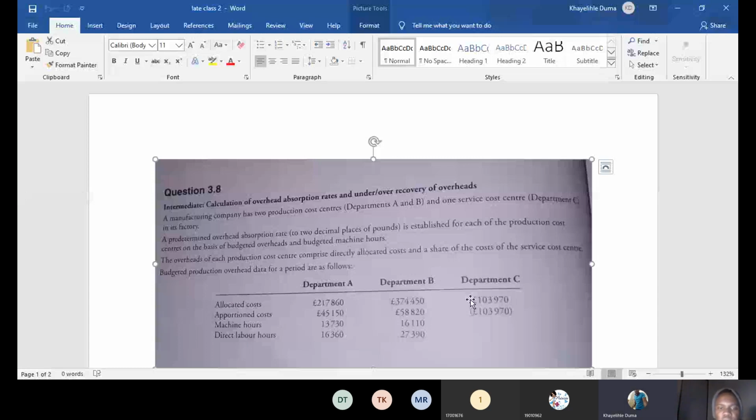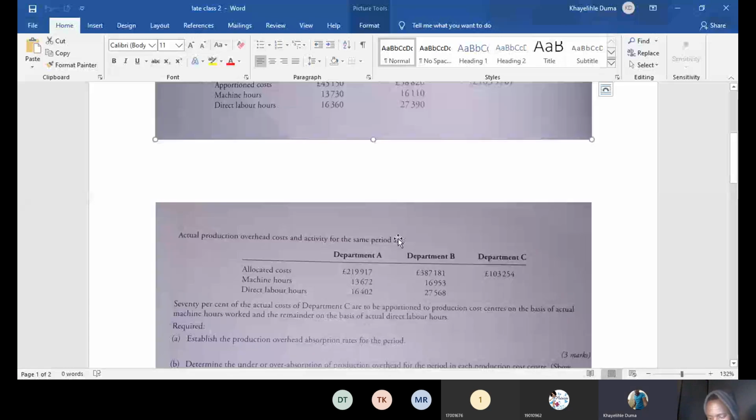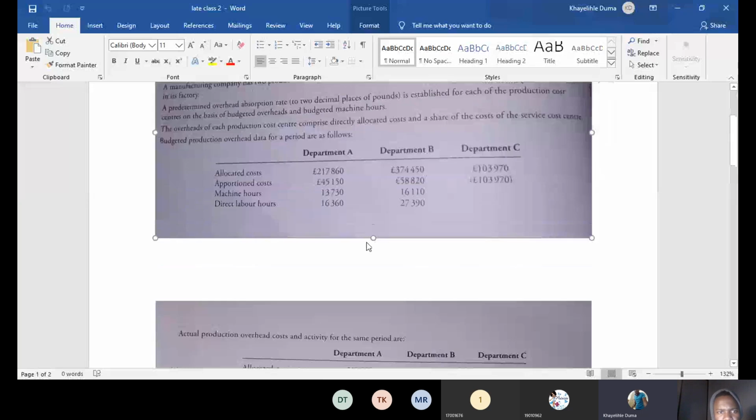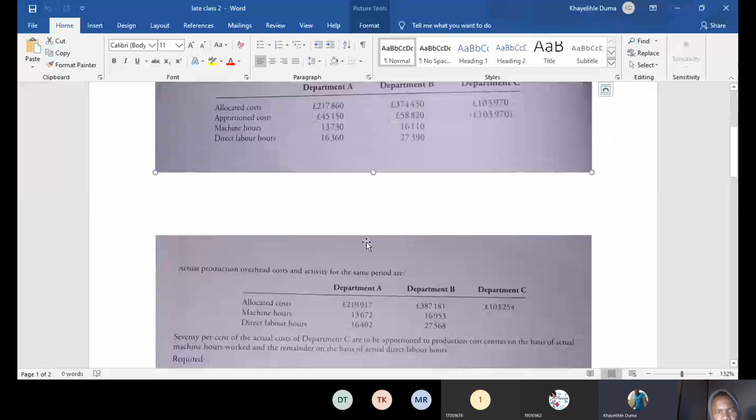Know that. So in this case, you have machine hours, you have direct labor hours. Then if you continue on the information, you are given the actual production cost and the activity for the same period. They say that they are as follows. Allocated cost, department A, B, and C. Machine hours.